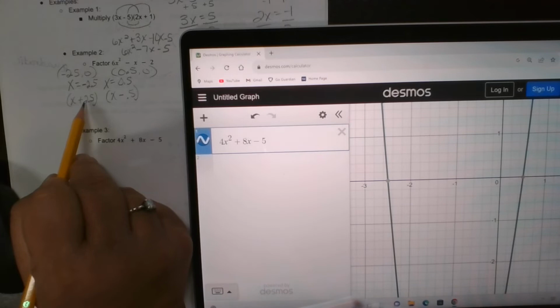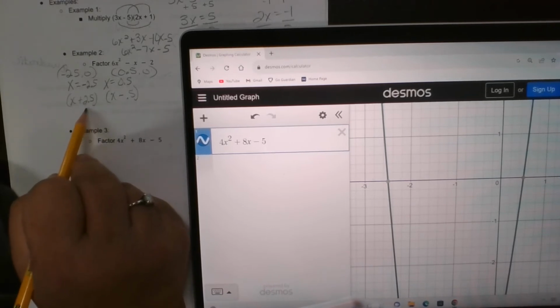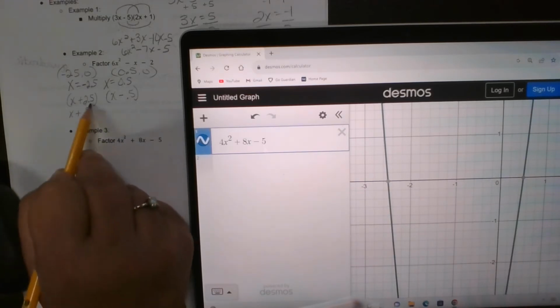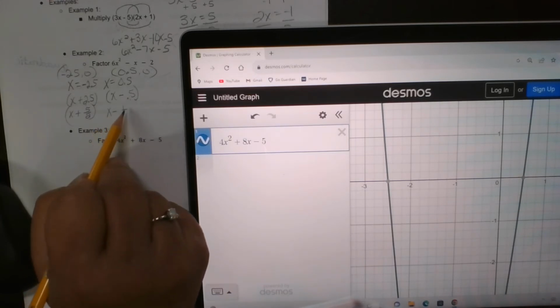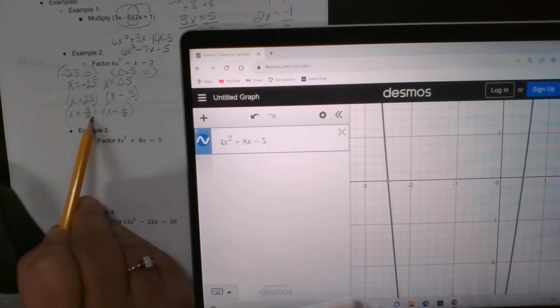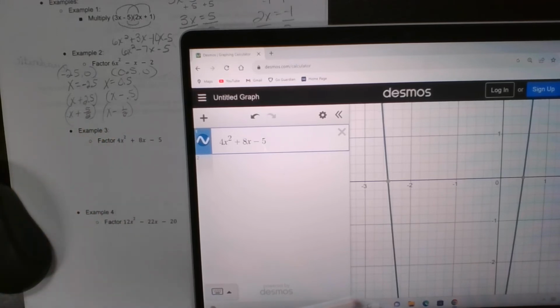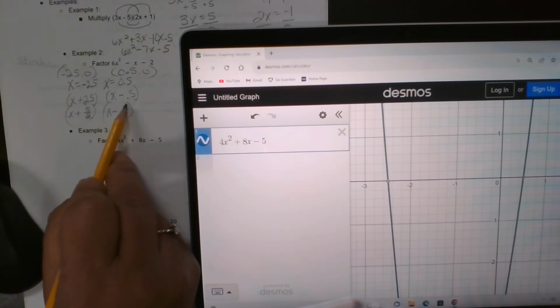Now, knowing that this 2.5 is 5 over 2, x plus 5 over 2, knowing that this is 1/2, then I got x minus 1/2. So I can multiply both of these by 2 to get that over here, to get it all rearranged. There's just the factors of this are right there at positive 5/2 and minus 1/2.